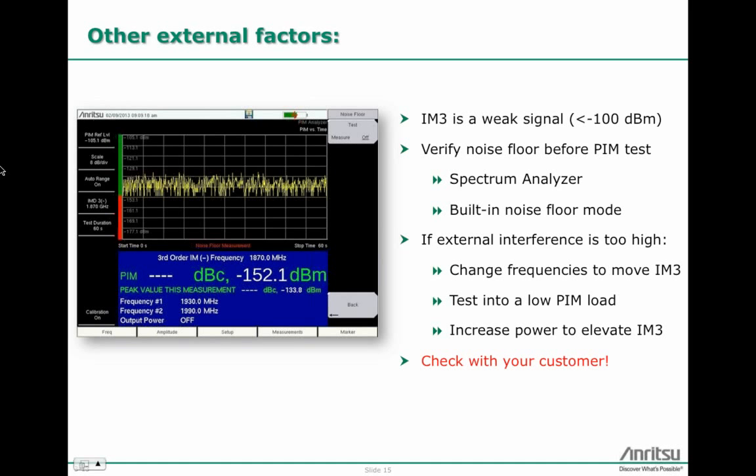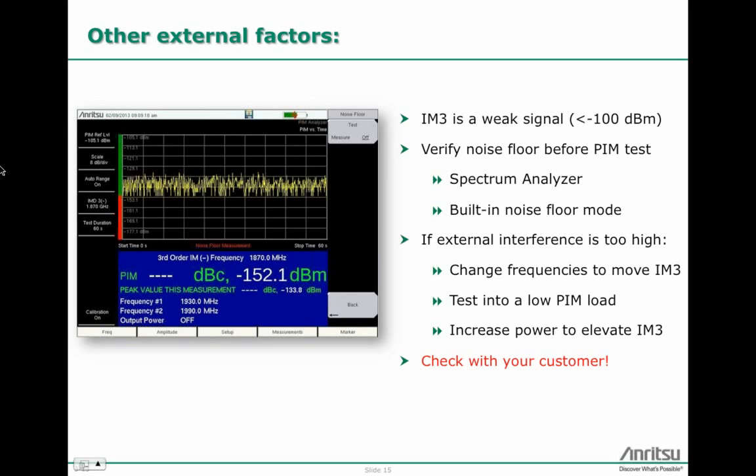It's very common, probably more common in an indoor system, that mobile units are transmitting at a very high power level, and their transmissions may interfere with the IM3 signal that you're trying to measure.